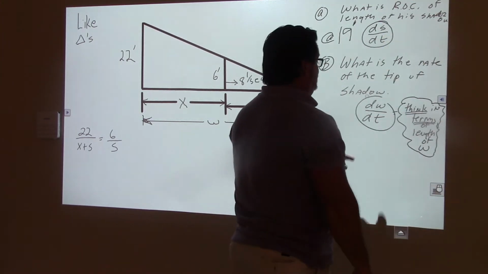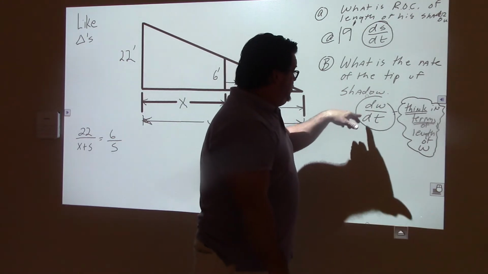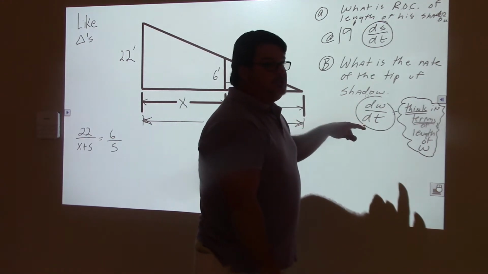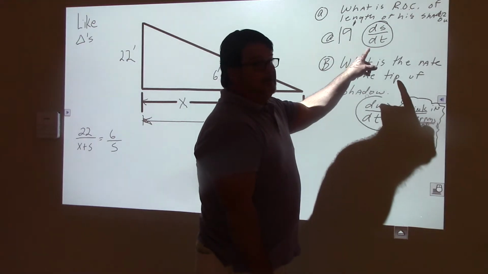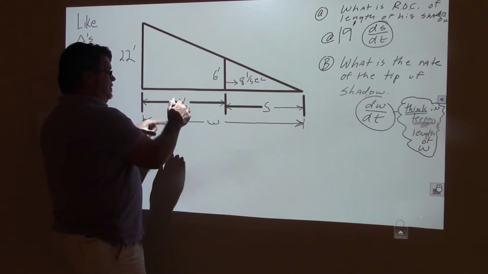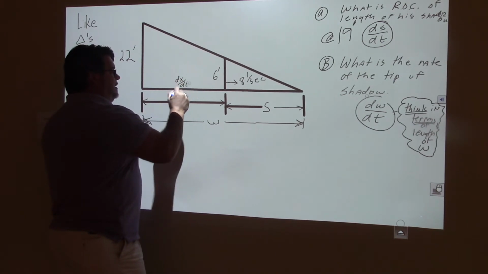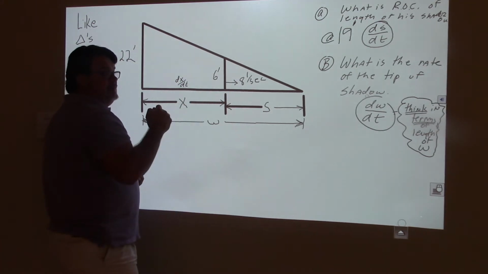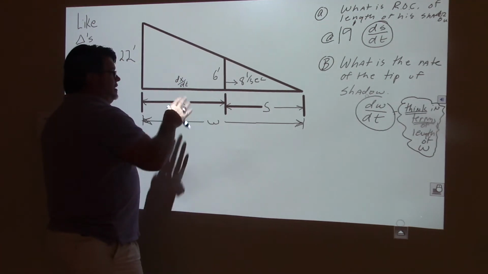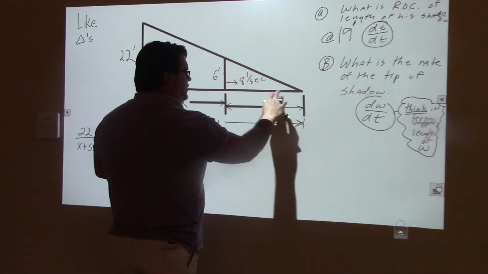And you can't do dw/dt unless you have what? Because we're given what? dx/dt. Right there. Okay. So what's this rate going to be called?